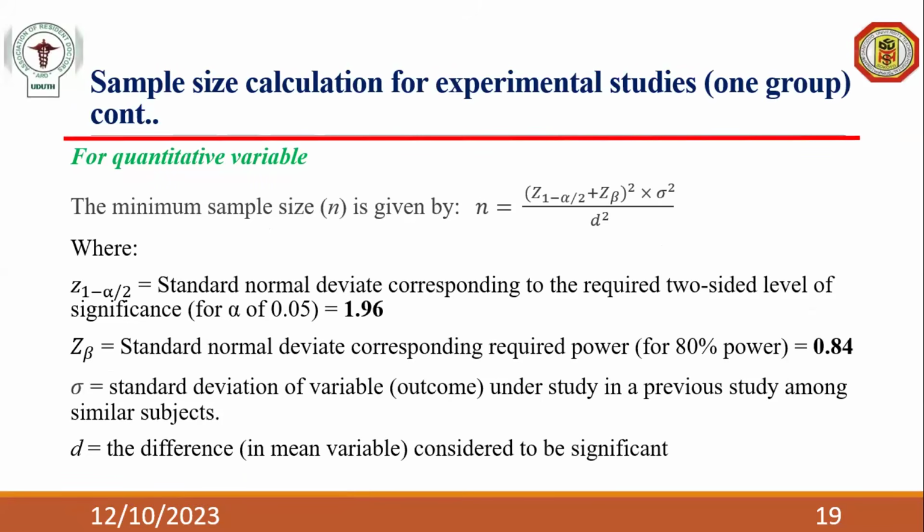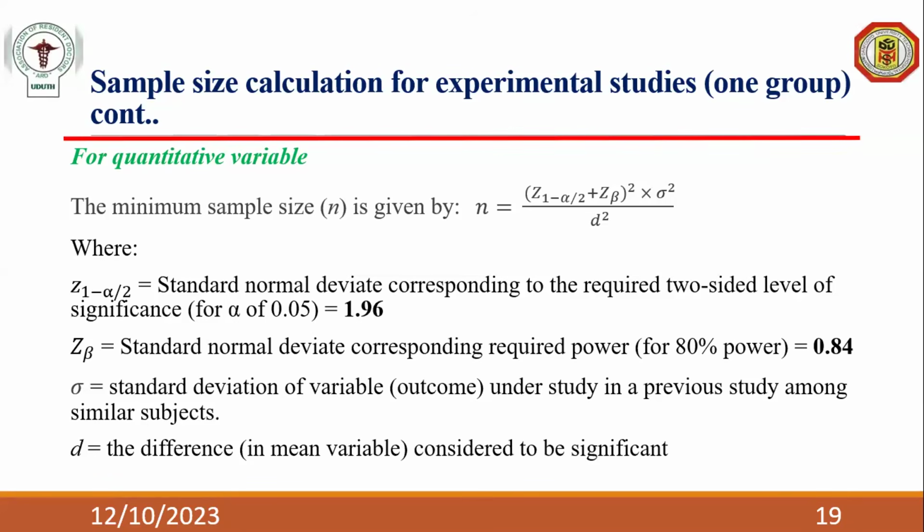But now, if you have one group quantitative variable, then your formula will be n equal to Z alpha plus Z beta squared times lambda squared all over D squared, where Z alpha and Z beta are as stated before, lambda is the standard deviation of the variable under study in a previous study among similar subjects. So the standard deviation of the change at baseline.